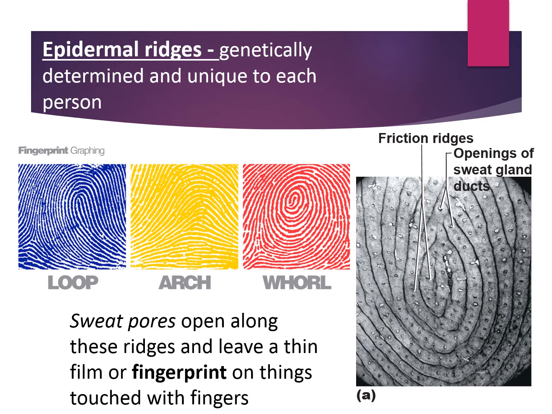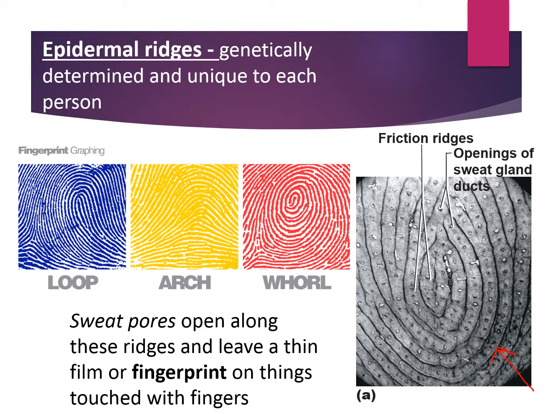Friction ridges on the tips of your fingers make fingerprints. Sweat pores that open along these ridges secrete sweat and allow us to leave a thin film or fingerprint on items that we've touched with our fingers.